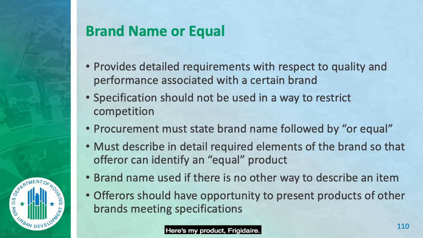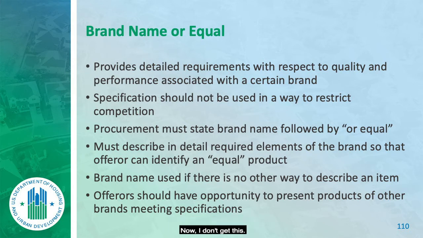Here's my product, Frigidaire. Now, the or equal is up here, and the or equal is down here. But they can give me another brand name. They can give me another model number. Energy Star is required, yes. ADA compliant, yes, required. And then I go through all the different things, and they can list stuff over here as to how they compare.